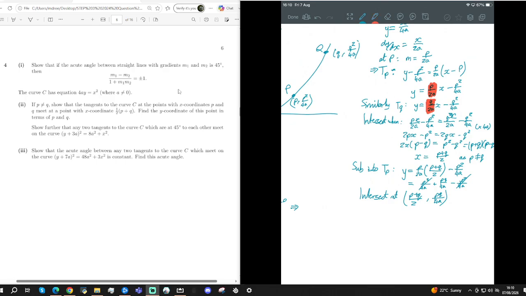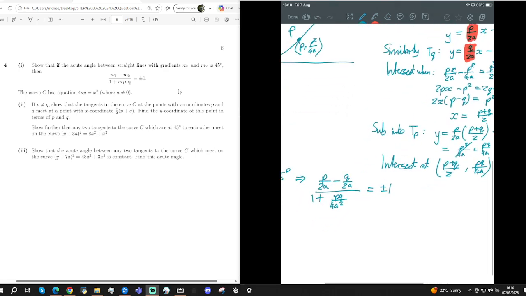Well, we have our gradient of the two separate tangents as those two things there. So the first part of the question is implying, if I subtract them, P over 2a minus Q over 2a over 1 plus PQ over 4a squared is plus or minus 1. Now the plus or minus is a little bit awkward and it's not immediately obvious how I'm going to convert that back to an equation in y and x.